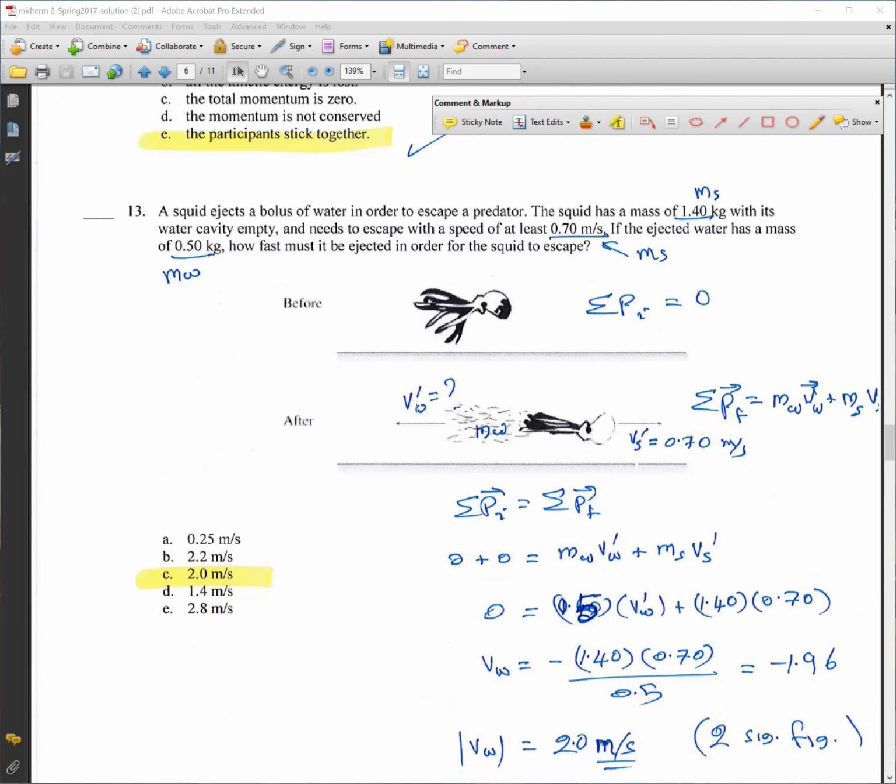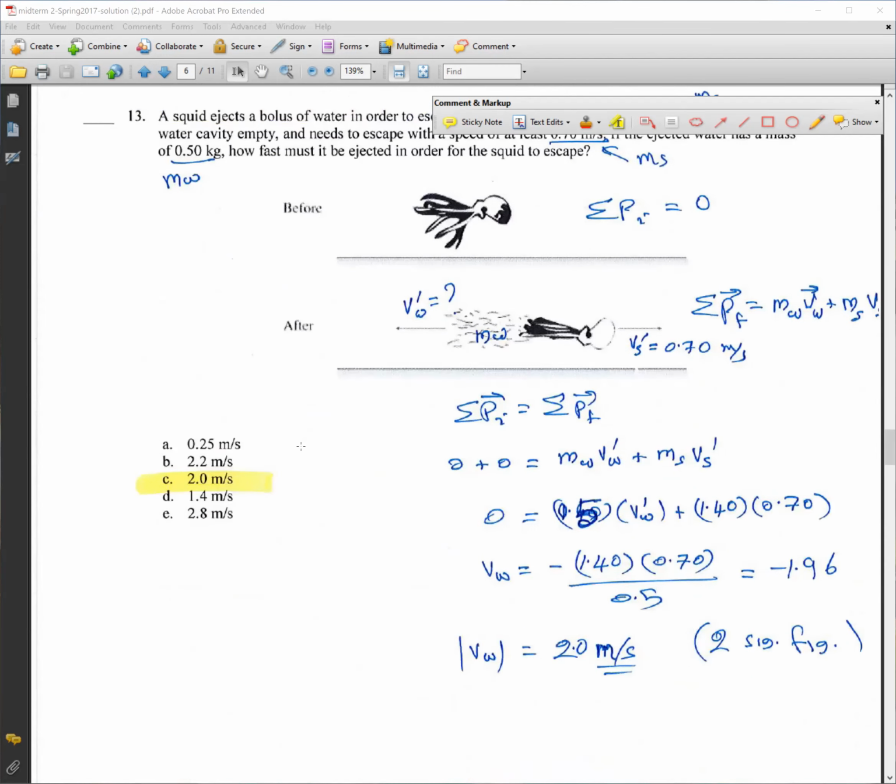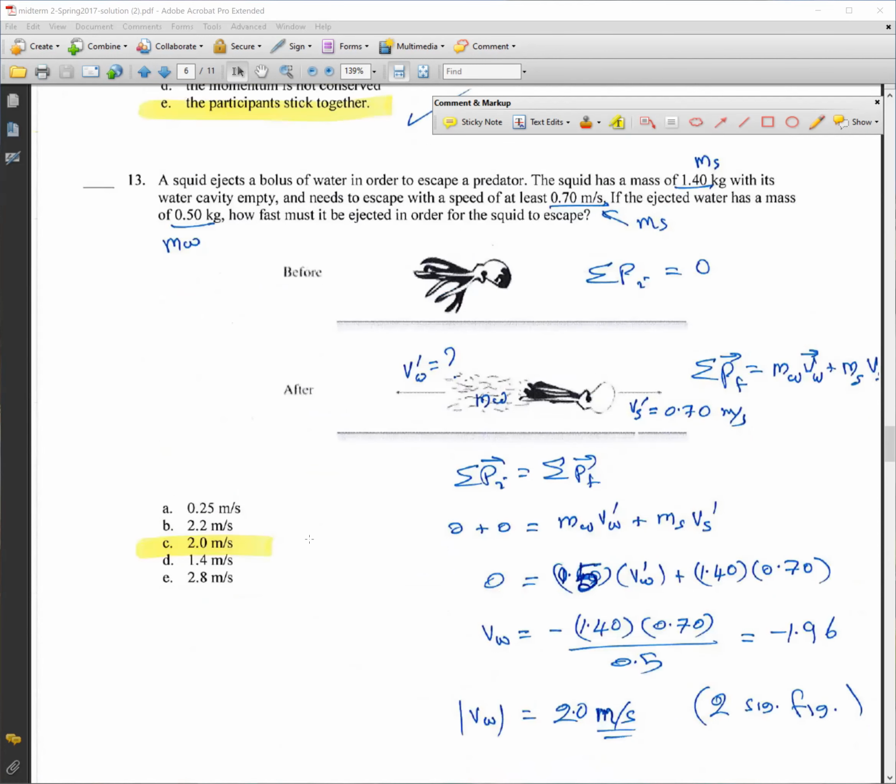Now question 13. We have this from midterm 2019, if I'm not mistaken. A squid ejects a bolus of water in order to escape a predator.